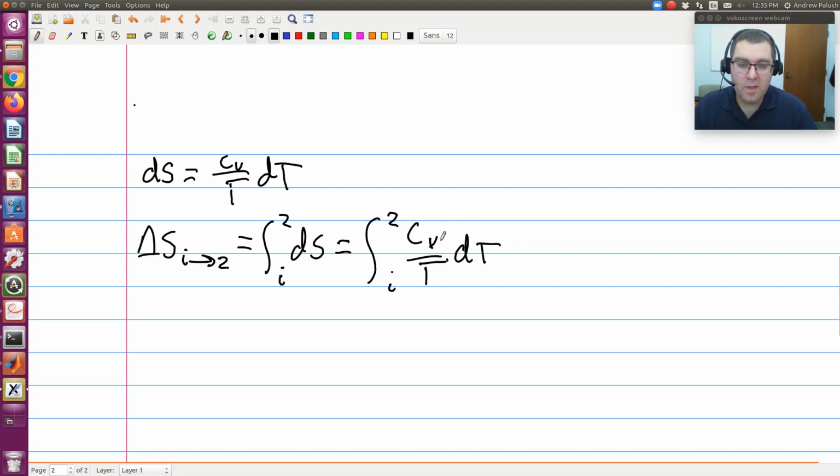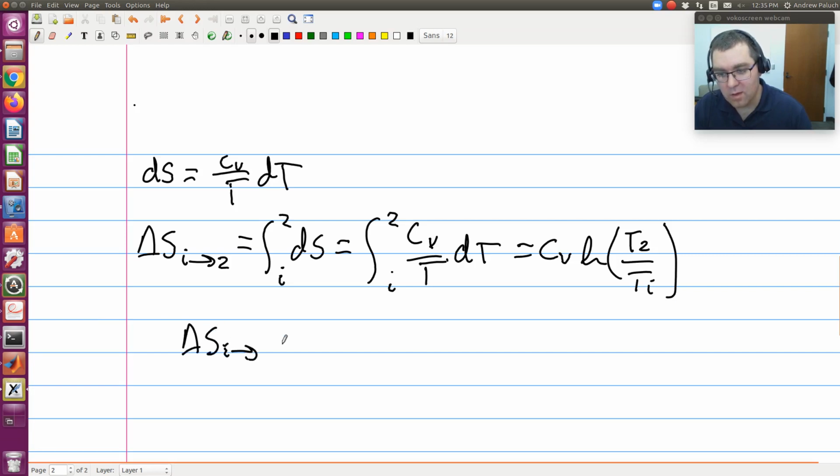In the problem statement, we're given a value of Cv, which is constant, so I can bring Cv out, then the integral of 1 over T dT is again just log. So the final temperature relative to initial, in this case T2 over Ti, the temperature of my intermediate state. Again, I have a ratio of temperatures, so you need to make sure you're using absolute units here.